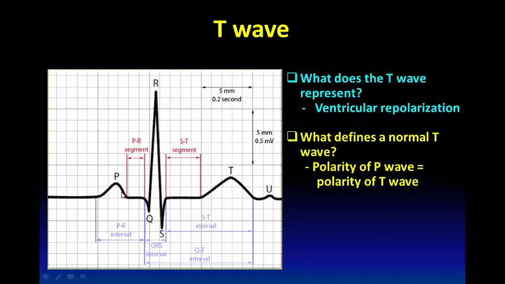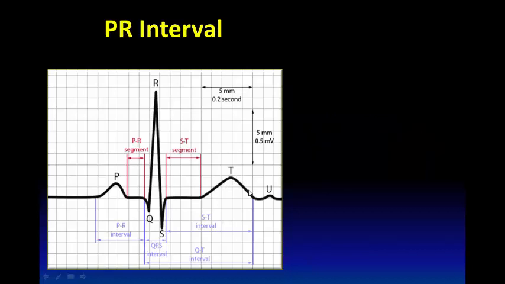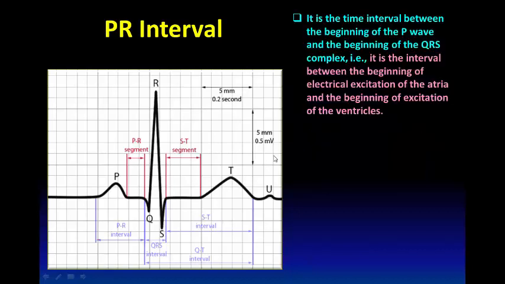The P wave is a positive deflection, so the T wave is also a positive wave. The PR interval is the time interval between the beginning of the P wave and the beginning of the QRS complex.